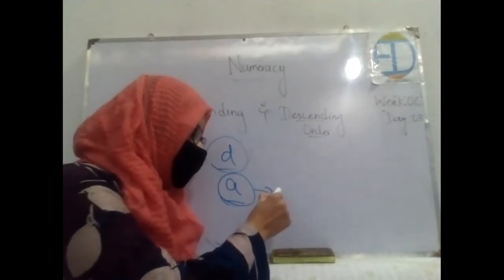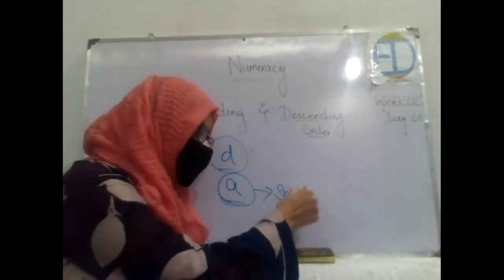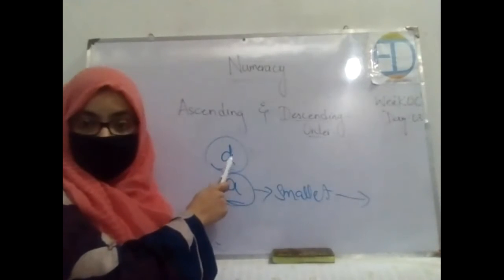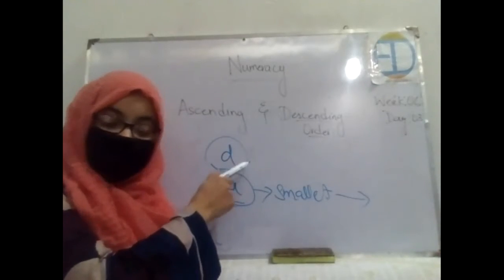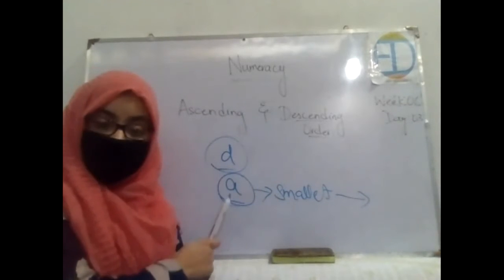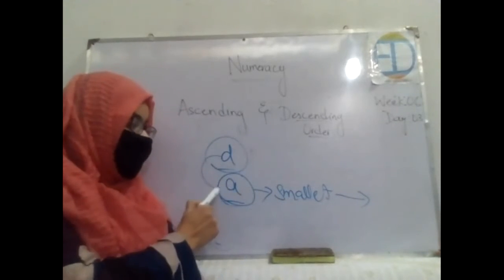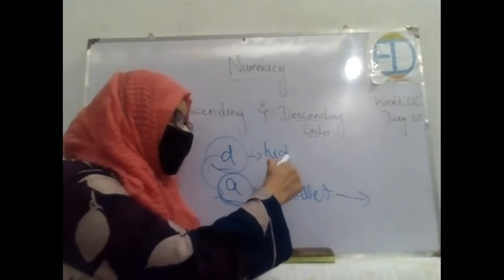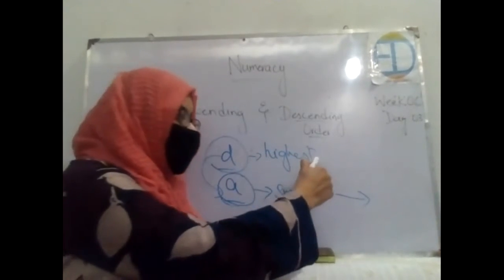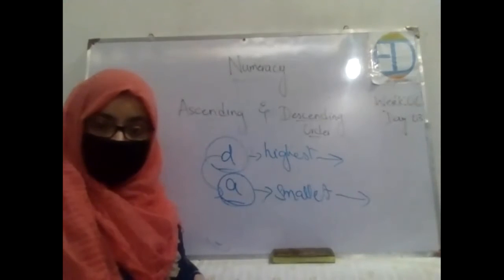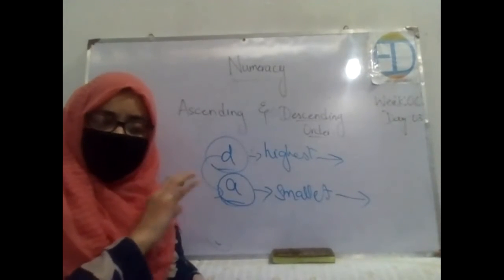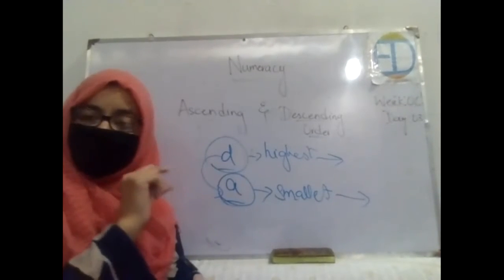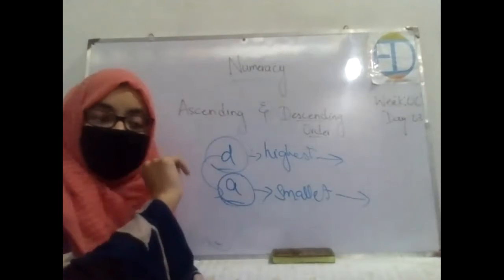Ascending means you start from the smallest number and move toward the highest one. And D comes after A in the English alphabet, so D is comparatively bigger than A. This means in descending we start from the highest number and move toward the lowest one. This is a technique.